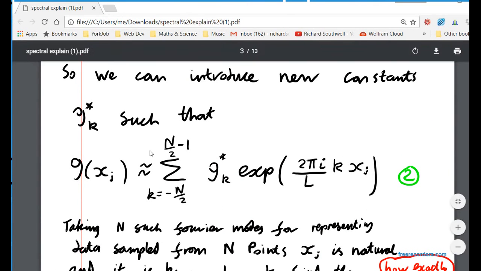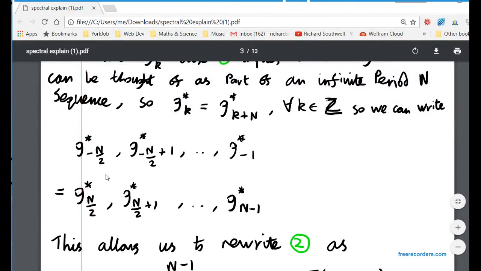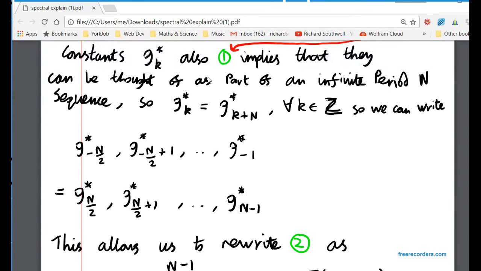So we can think of these terms where k is negative, and write the multipliers g star minus n over 2, g star minus n over 2 plus 1, and so on. And the crucial thing I've been trying to say is that we can think of these constants g star k as being a sequence which is period n.